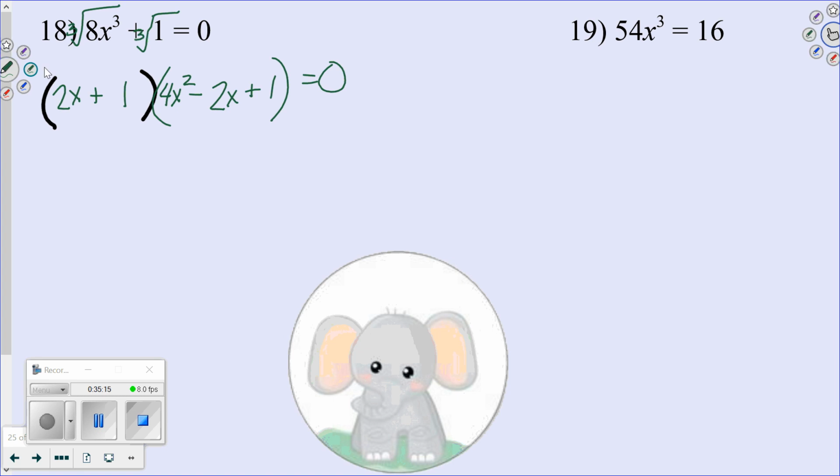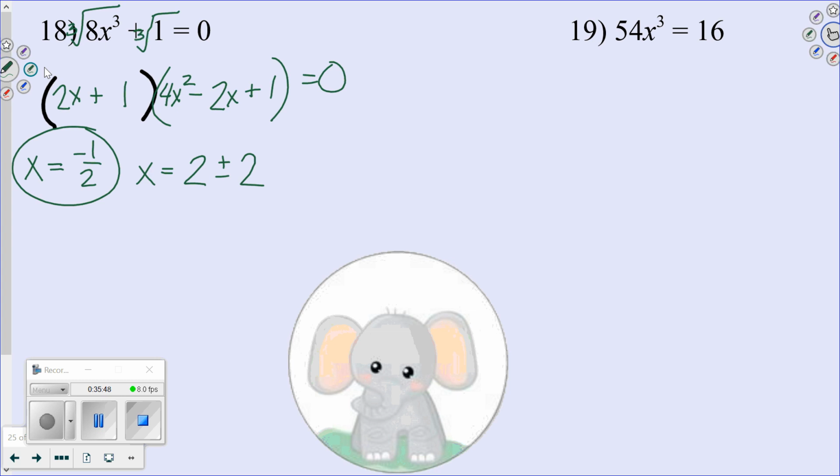Now when we solve, this one you should be able to do pretty quick. So this one, x equals negative 1/2. This one will not factor further. I would have to use the quadratic formula, but I'm going to use the shortcut. So keeping the quadratic formula in your head, because you still need to know that's what you're doing. So if I have negative b, it's going to be 2, plus or minus. Now what did we notice about the next number? It was the same. And then what else was it always?